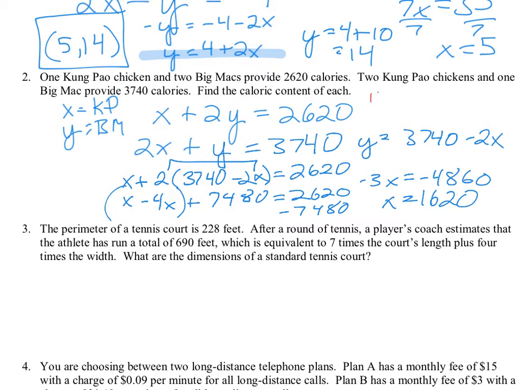Okay, so I have 1620 plus 2y equals 2620. I subtract the 1620. Well, that's easy. That leaves me 1,000. So 2y is 1,000. So y is 500. So that means a Big Mac is 500.